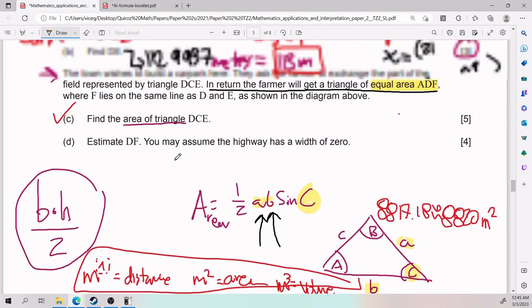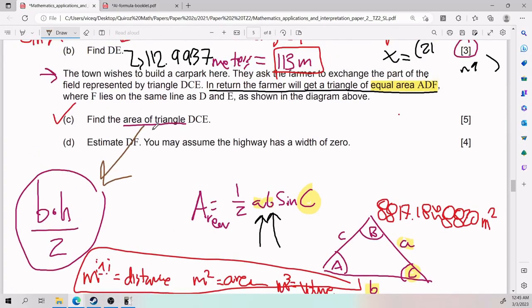So, if we're talking about areas, that can be useful. We said that area has two versions: base times height divided by 2, and the trigonometry one. In this case, we're going to prioritize the trigonometry one. So if I use this equation right off the bat, we know that the area was 8,820. So 1/2, and here I need to put two sides.